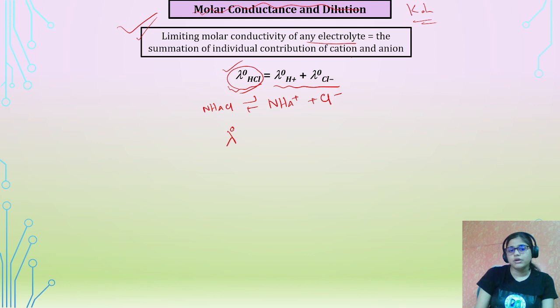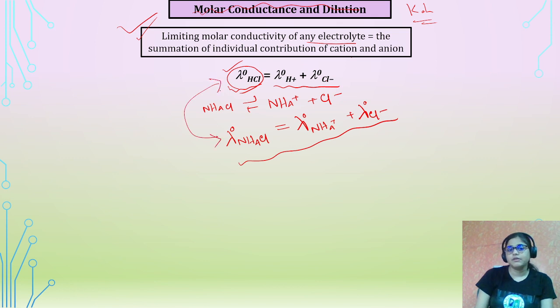So the limiting molar conductivity of the overall NH4Cl will be the limiting molar conductivity of NH4 plus plus the limiting molar conductivity of Cl minus. Like this way we can represent that.